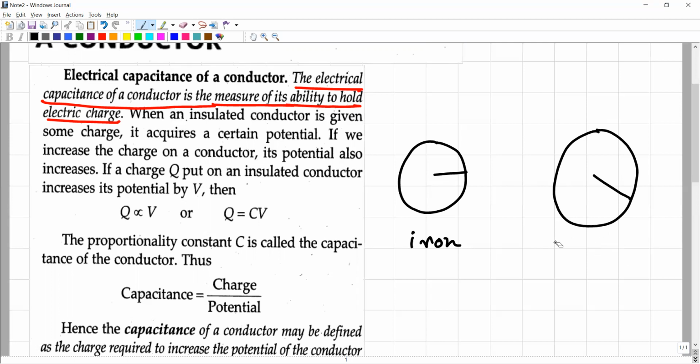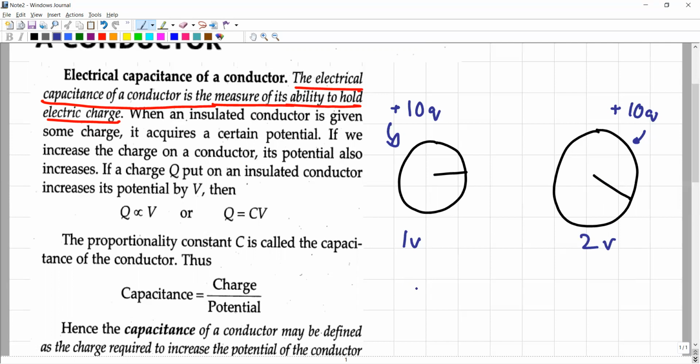Now let's say you give 10q charge to this one and the same positive 10q charge to this one, and then you measure the potential. This conductor developed, let's say, 1 volt, and this conductor developed a potential of 2 volt.